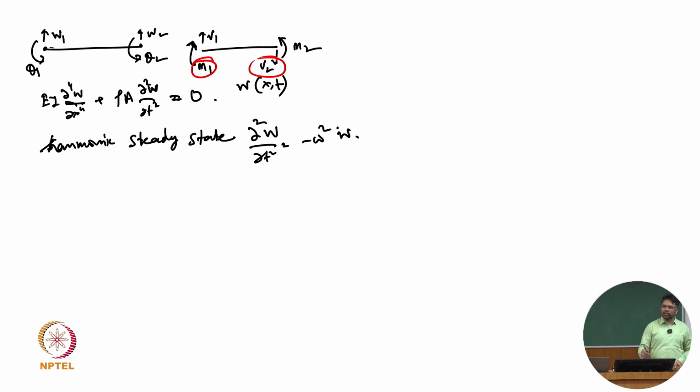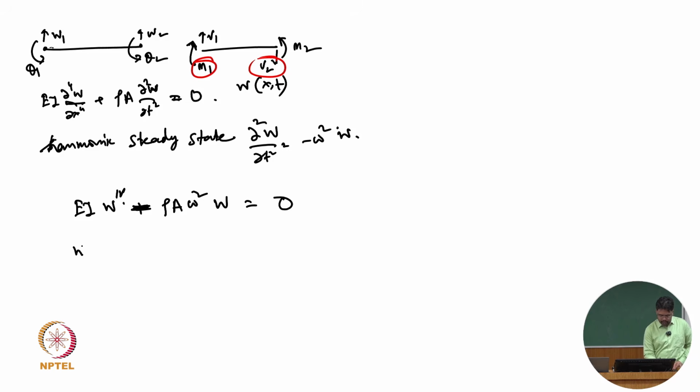Simple. We have already seen that several times because we can do it like a variable separation manner. So what can I write? EI into the fourth order derivative of W minus rho A into omega square into W should be equal to 0.